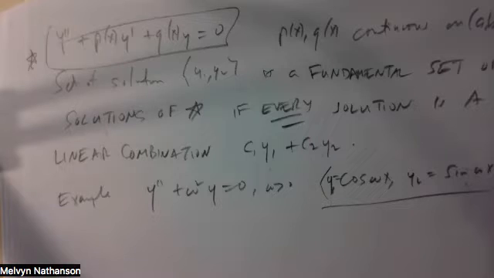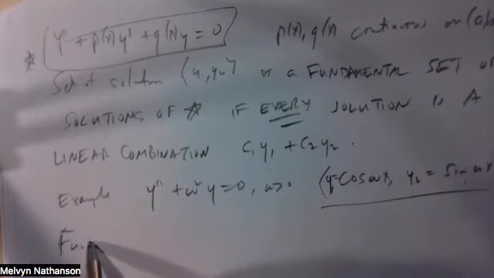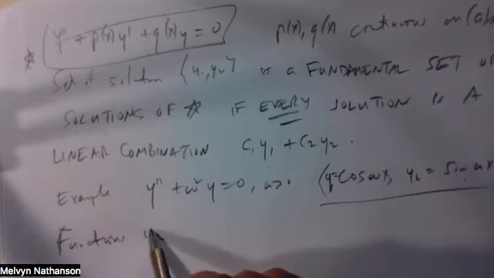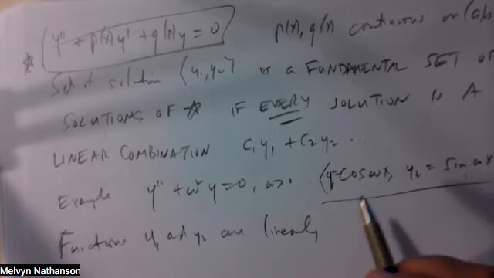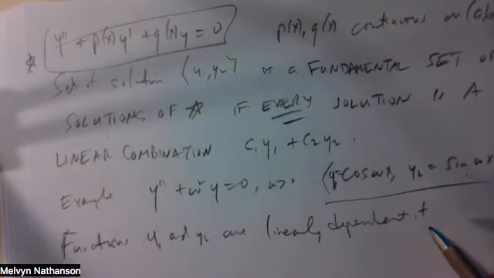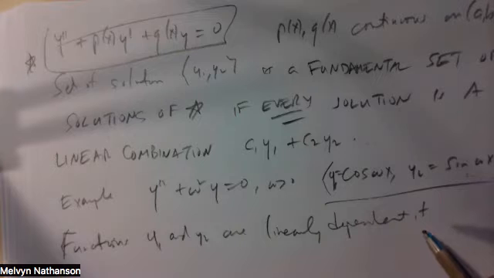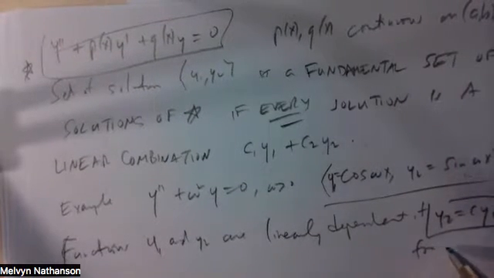Now, there's one other term that we introduce here, which is for a pair of functions. So functions y1 and y2 are linearly dependent if y2 is some constant multiple of y1 for some c.